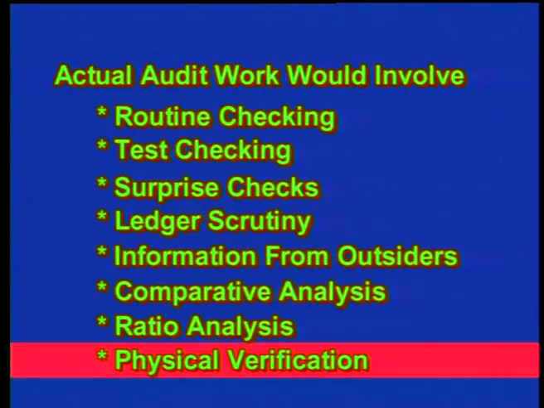This is also a very important tool, very important part of the audit procedure. He has to do that. Physical verification for cash, investment and stock, that also has to be carried out. Now, once all these things are done, the auditor will have all preliminary information with him. Based on this information, he will prepare an audit report.